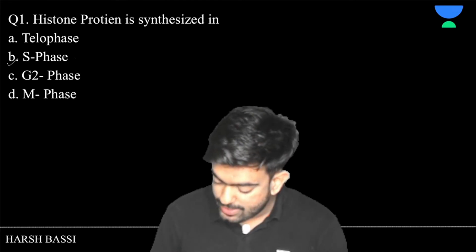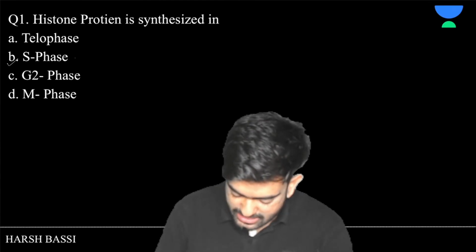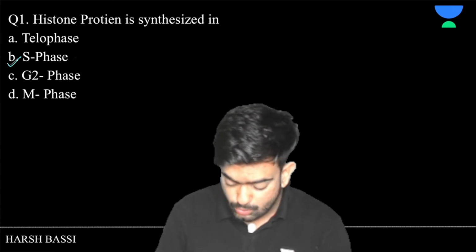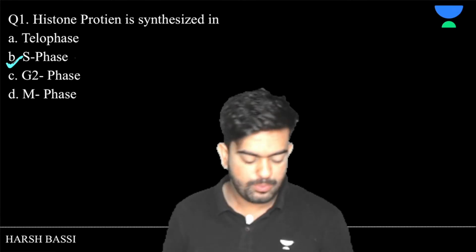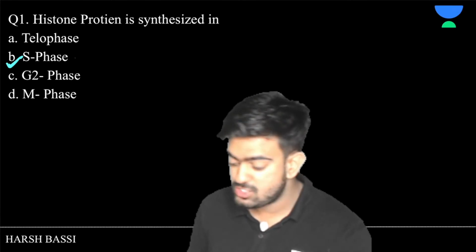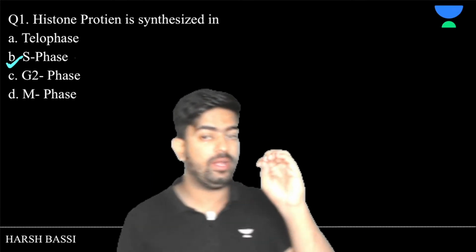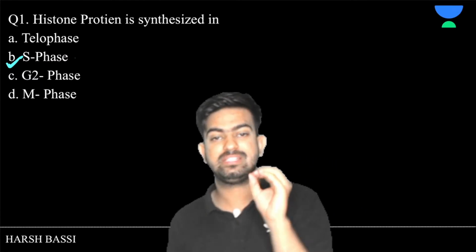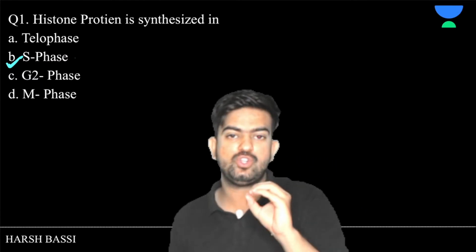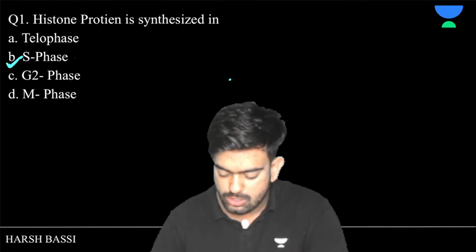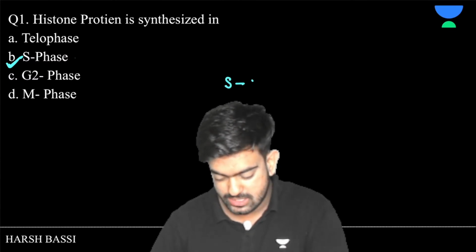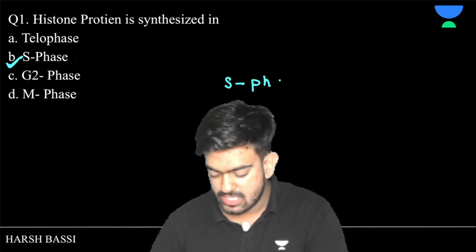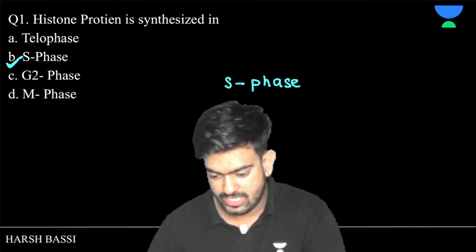Why, sir? Because do you remember that we studied that histone protein is synthesized in the S phase? One more hint: during the S phase only, DNA synthesis also takes place. Yes, sir.